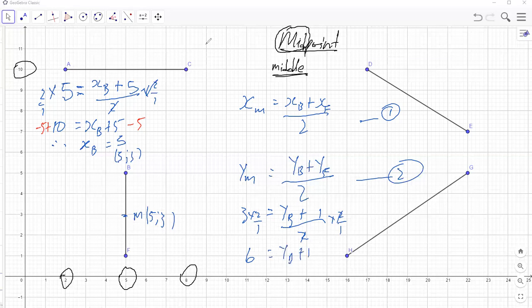I've got to put some additive inverses there, and then it will be minus 1. Sorry about that sound. And then that's what I have. Okay. And then what do I have here? I have yB is equal to 5. You see that? So that's how we're going to use this midpoint formula in most cases.